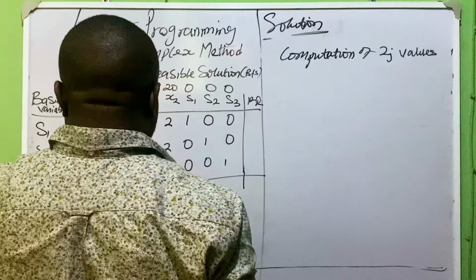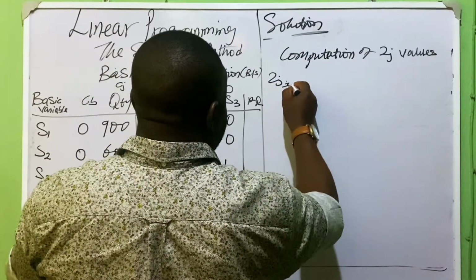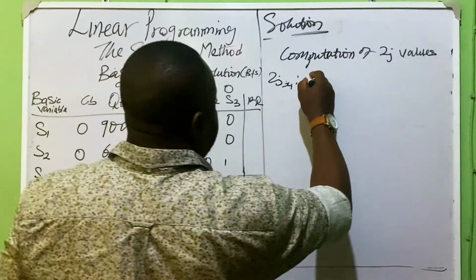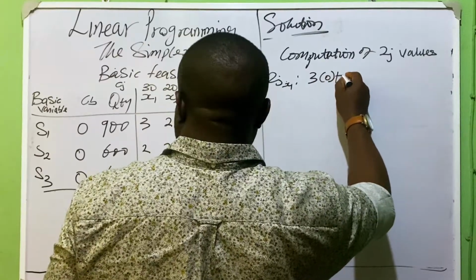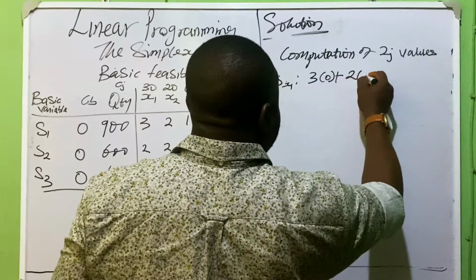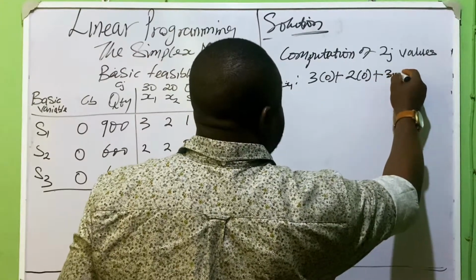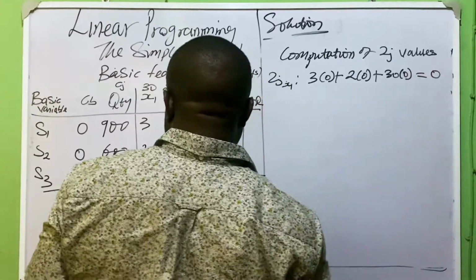For ZJ x1, we are going to have 3 by 0 plus 2 by 0 plus 30 by 0, which gives us 0.